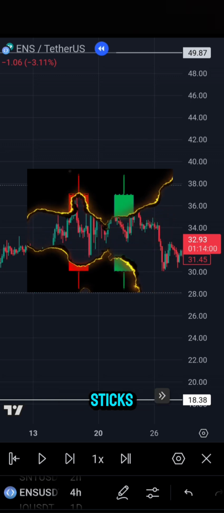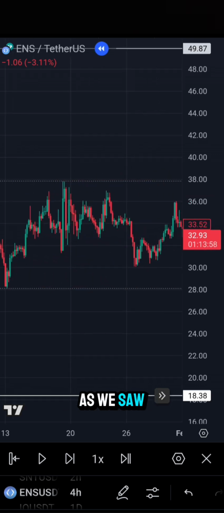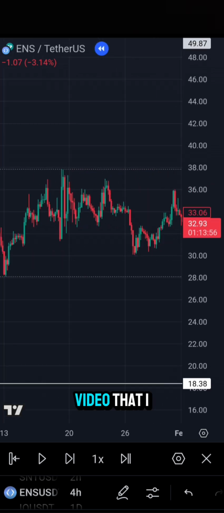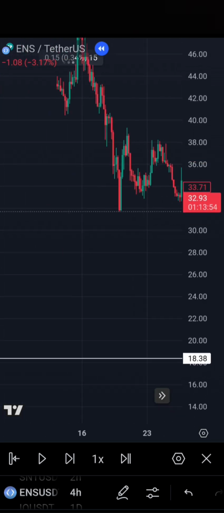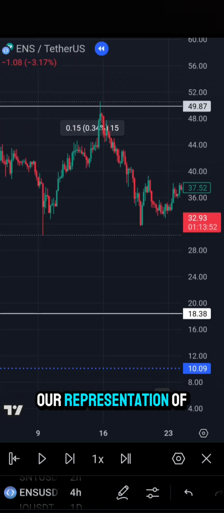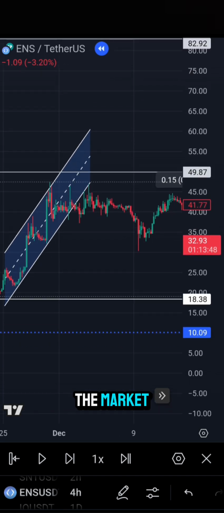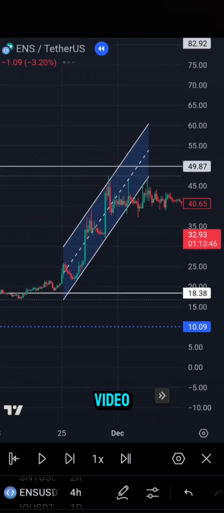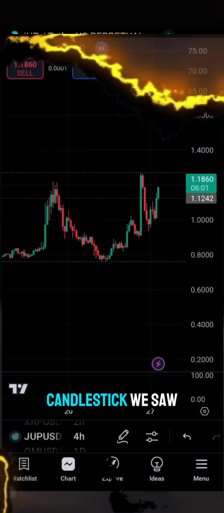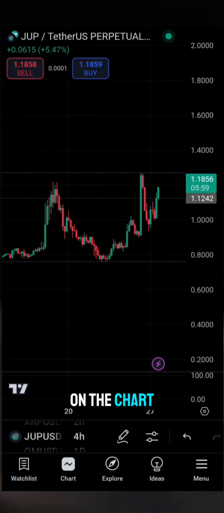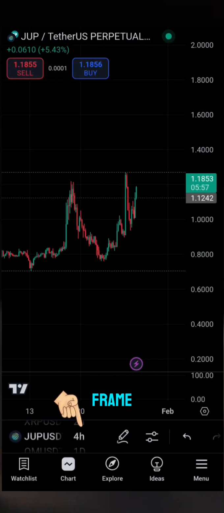Now, the candlesticks, as we saw in the previous video that I shared with you, are a representation of traders' behavior in the market. In our last video, we related every candlestick we saw on the chart to a time frame.